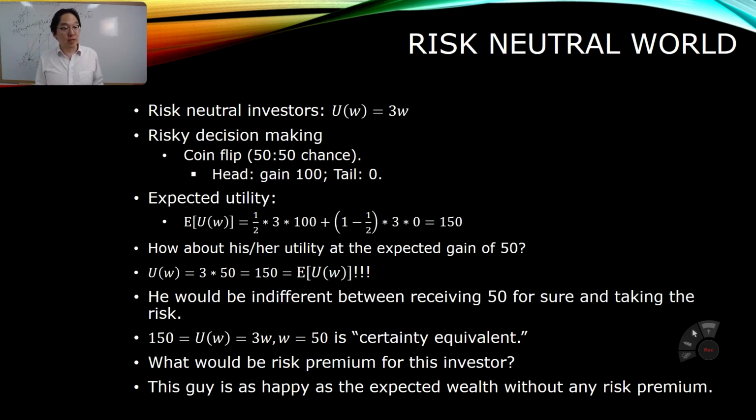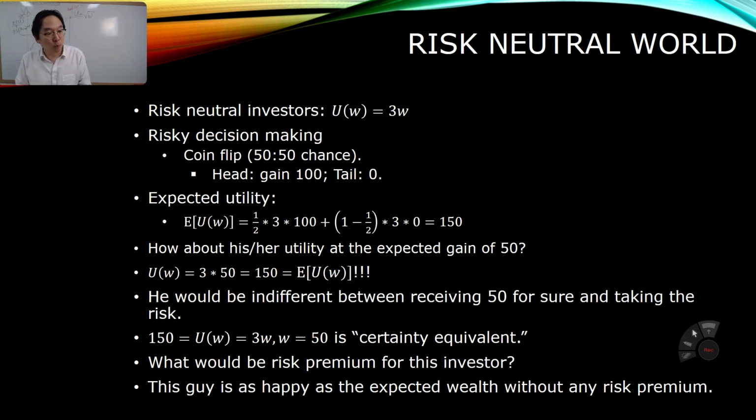Well, that is 50 times 3, 150. Wasn't it the expected utility, the same number? Yes, that's what risk neutrality is about. Your expected utility is the same as the utility at the expected wealth. Okay, he would be indifferent between receiving 50 for sure and taking that gamble.